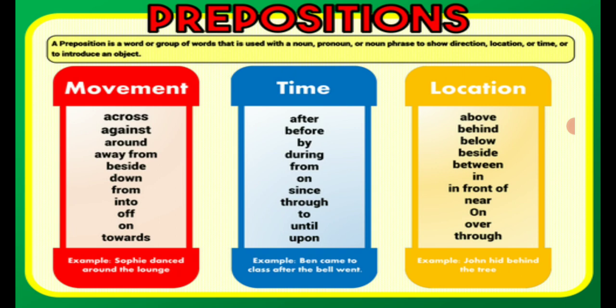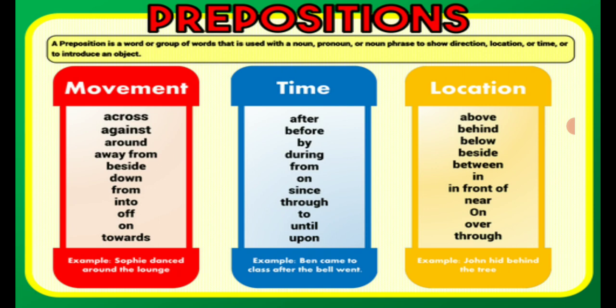These are the examples. We bifurcate them according to their types. First is movement. Movement means position, direction. Time and location. Location means place. Okay. So let's see some examples according to the types.